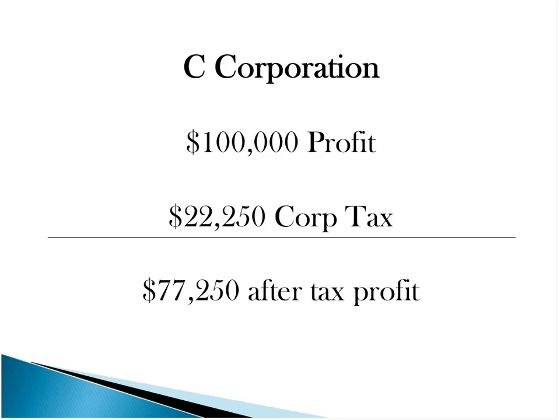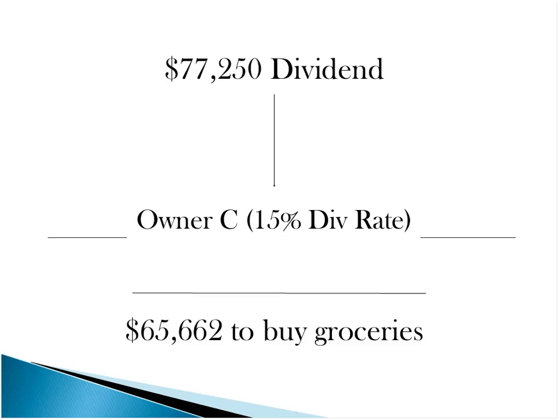So we're also going to make another assumption that the owner of this entity is in a 35% tax bracket. So we'll go to the next slide, and in order to get that money to the owner, it's got to be done in one way or the other. It could be done as salary, or it could be done as a dividend.